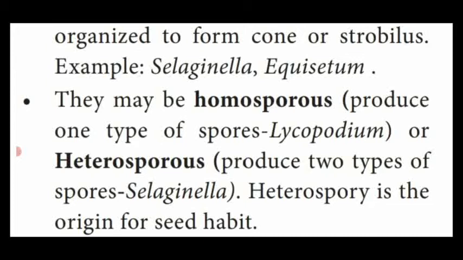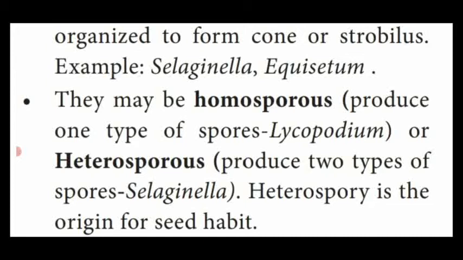Dear students, differentiate between homosporous and heterosporous is a book back question. Kindly note it down. The answer is: the plant body which produces the same type of spores is known as homosporous. Example, Lycopodium. The plant body which produces different types of spores is known as heterosporous.